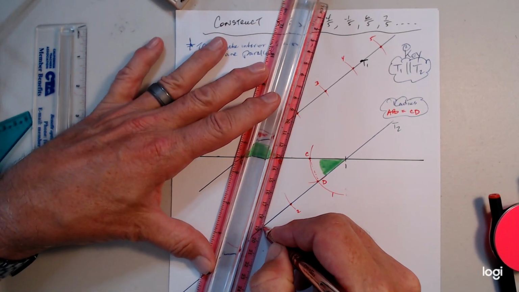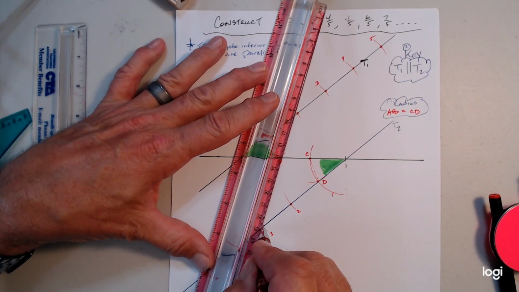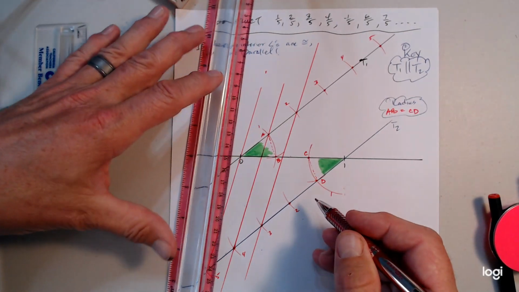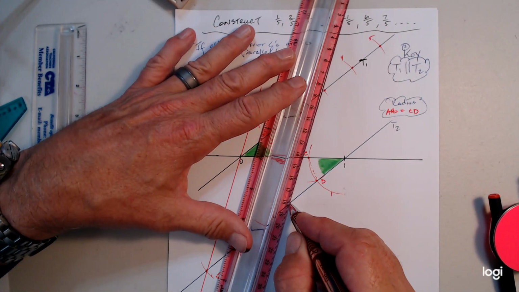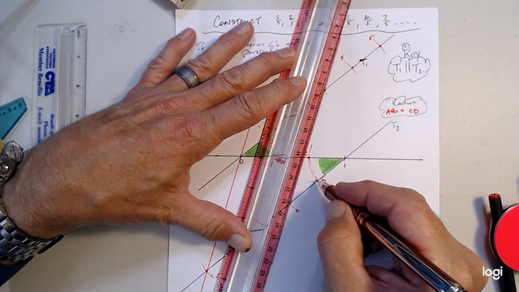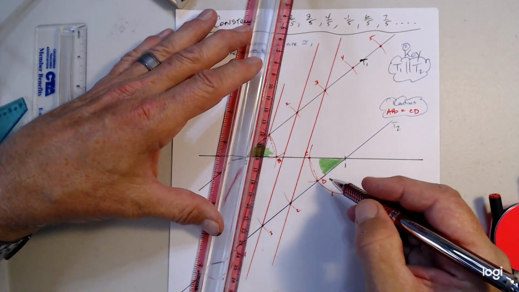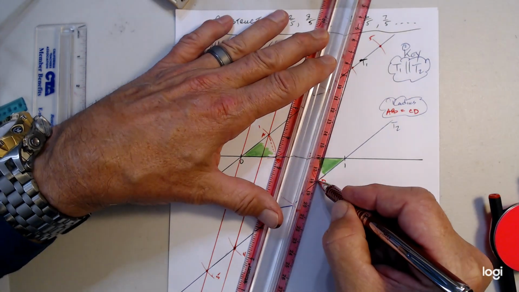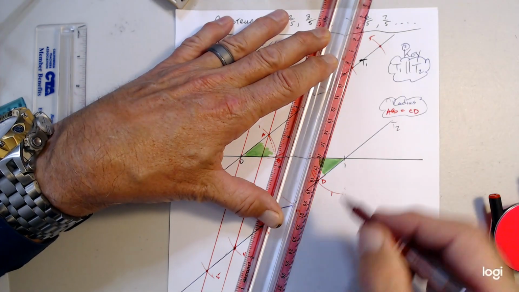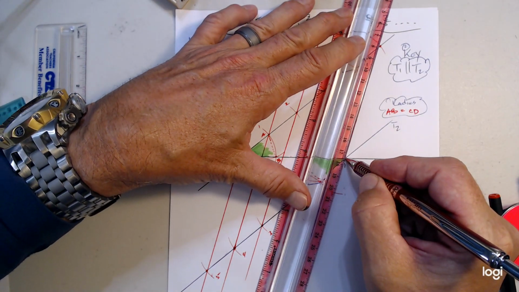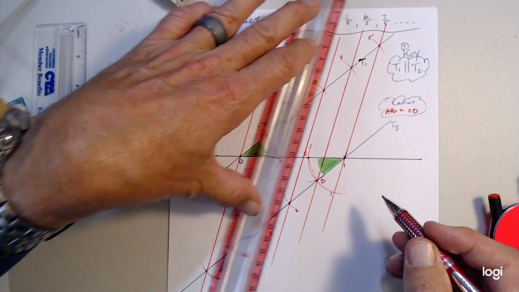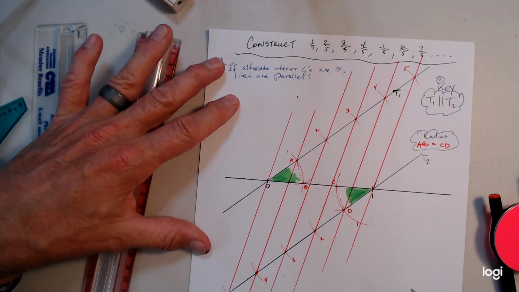So go slow on this part, because if you're not accurate, it's not going to look right, nor is it going to be right. So place your pen down. Line up the other one. And look, those all look parallel.